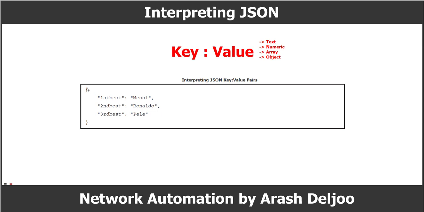Here we can see the opening curly bracket, key value, comma, key value, comma, key value, comma, and finally here, as you can see, we have the closing curly bracket. This is one JSON object, or for example one dictionary, with three key value pairs.